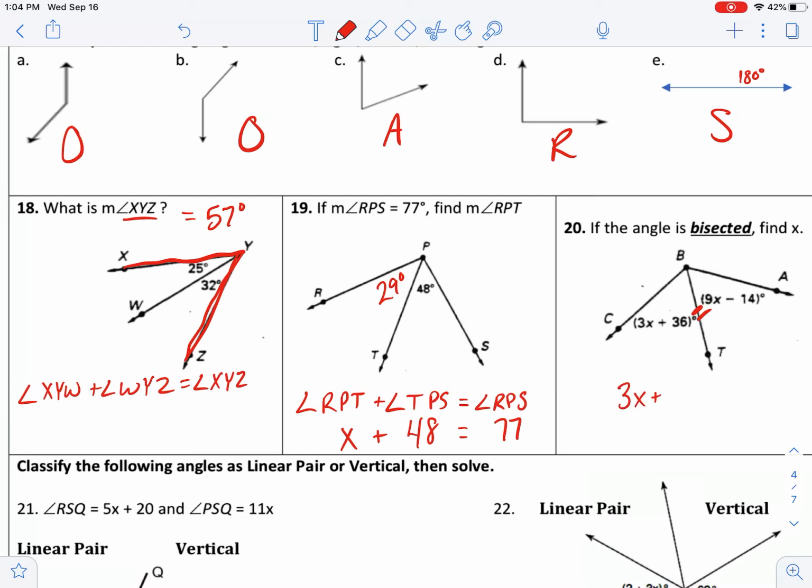So 3x plus 36 should be equal to 9x minus 14. And then 6x is 50, and x is 8.3 repeating.